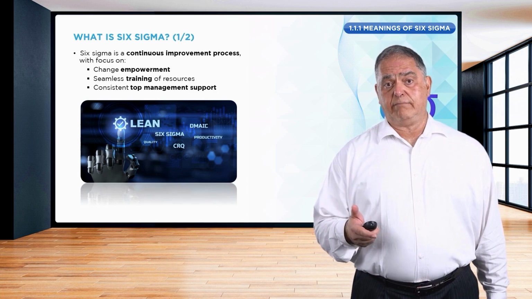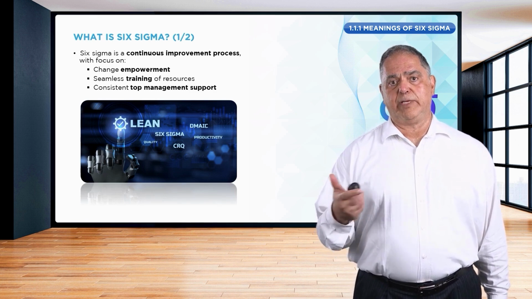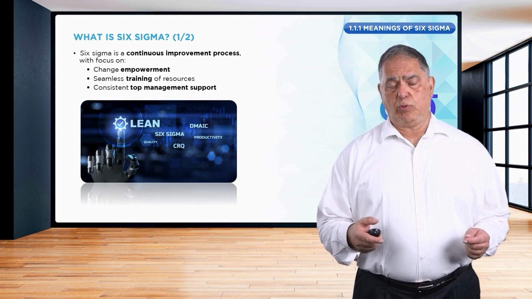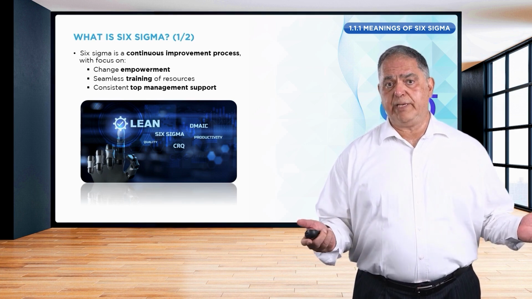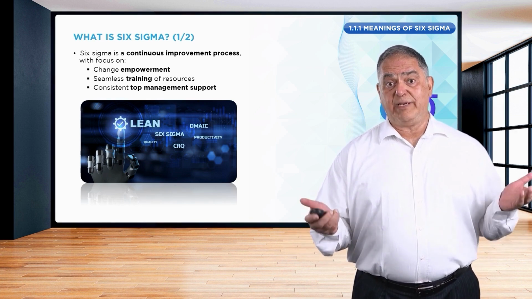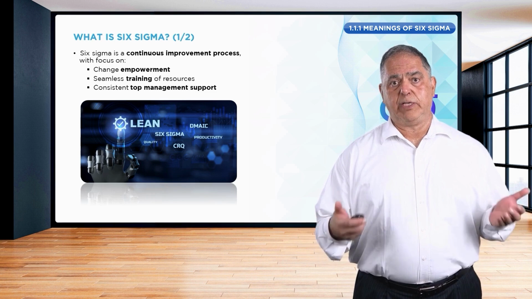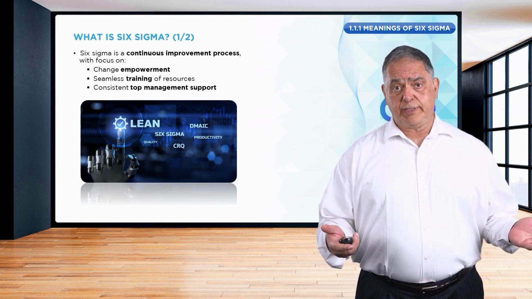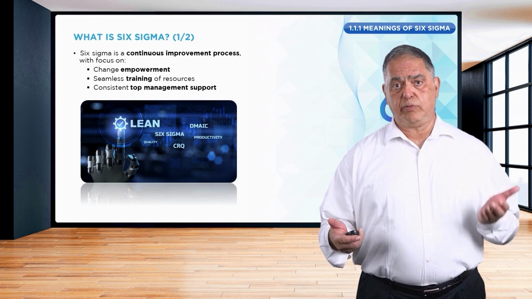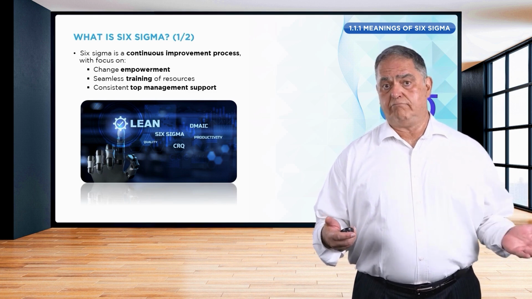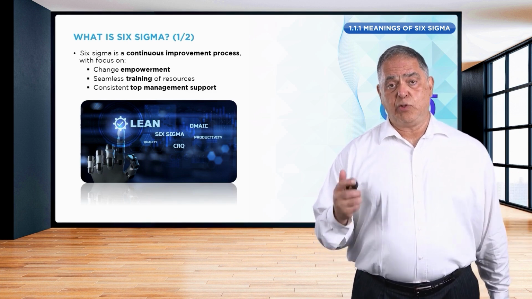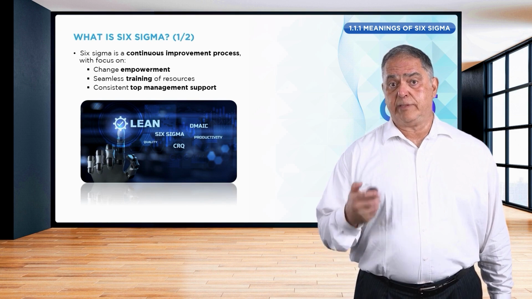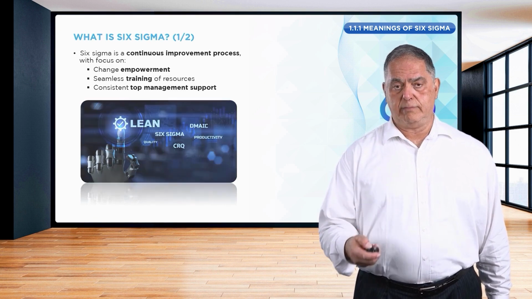This is a must because every Six Sigma deployment depends on top management's visible support and also the provision of adequate resources in terms of people, money, etc. So top management engagement is fundamental.